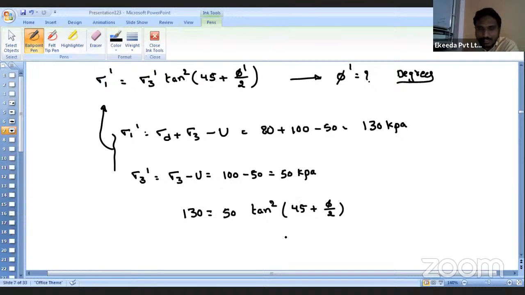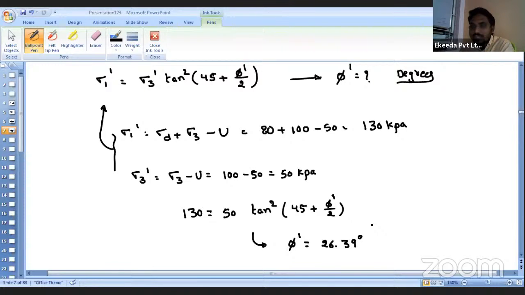And if we use some calculation, we will get the phi dash value as around 26.39 degrees.